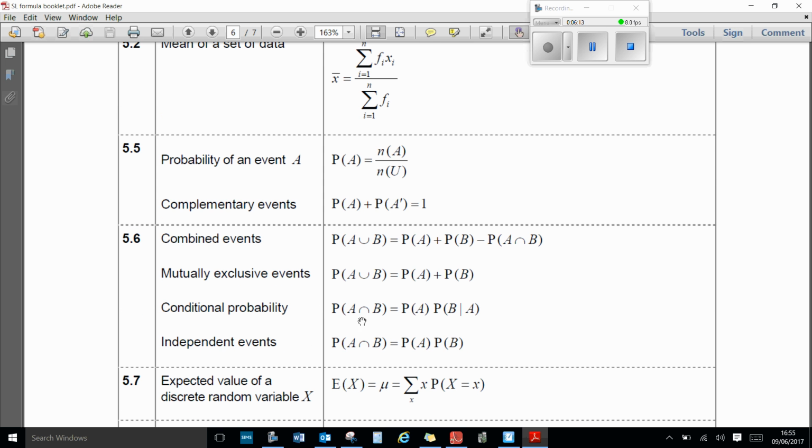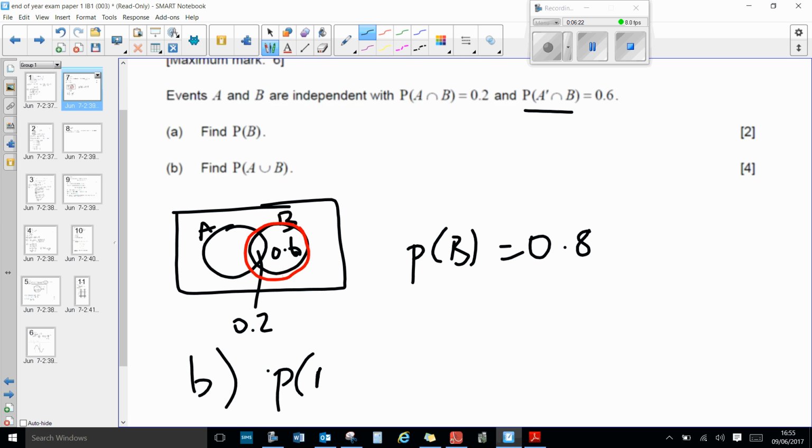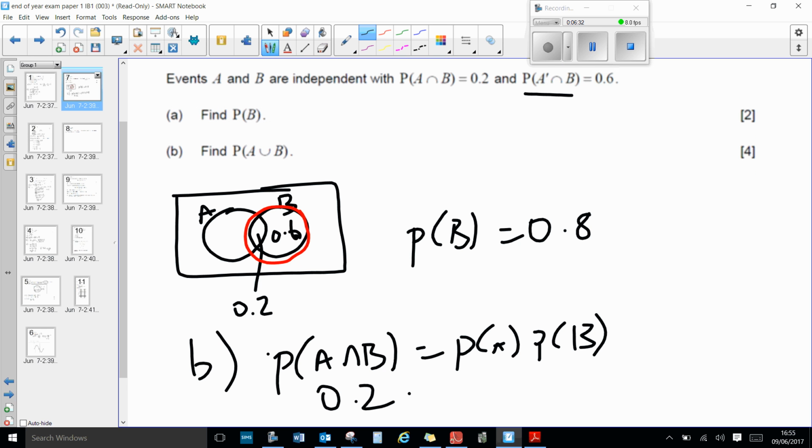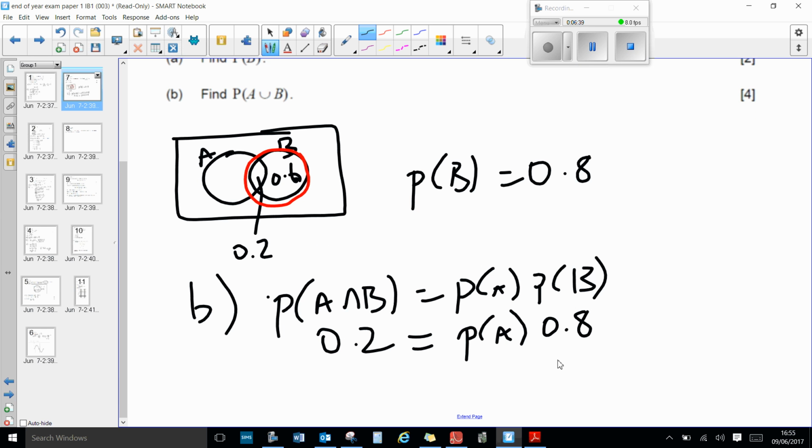For independent events, the intersection is equal to the probability of A multiplied by the probability of B. So we know that 0.2 is equal to P(A) multiplied by 0.8, which we've just found. So the probability of A is 0.2 divided by 0.8, which is 1/4.